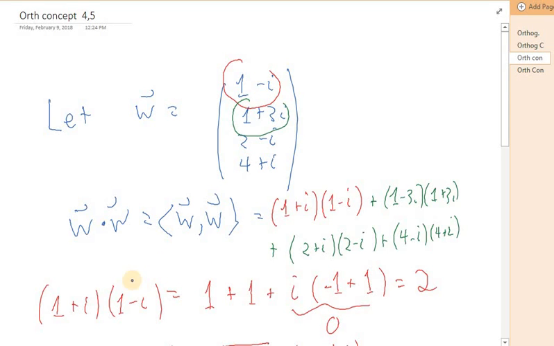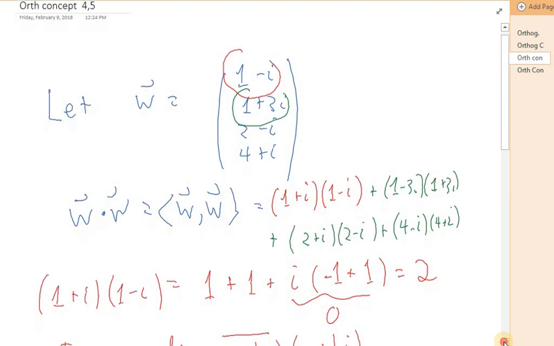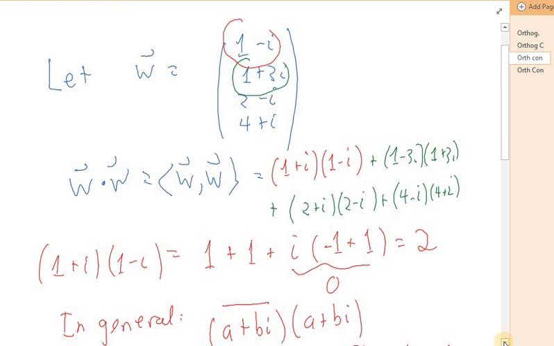Now, when you take a complex number multiplied by its complex conjugate, something very interesting happens. Here we have a case of 1 plus i times 1 minus i, which is my first term here. Now, if we use FOIL, first is 1 times 1, which is 1. Last is i times minus i, which is minus i squared, or 1.